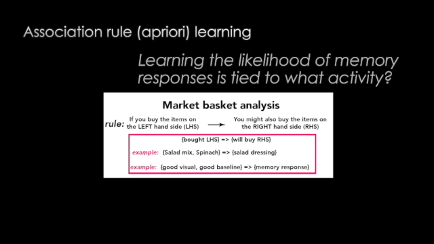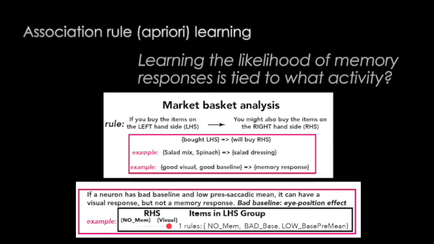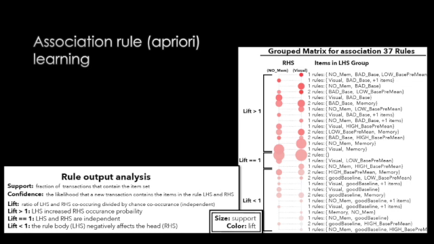So in my case, if I have neurons that have good visual and good baseline response, would that translate into memory response? I use this because you want to learn the associations from low-level data and come up with some rules. In this case, the algorithm found about 37 rules.